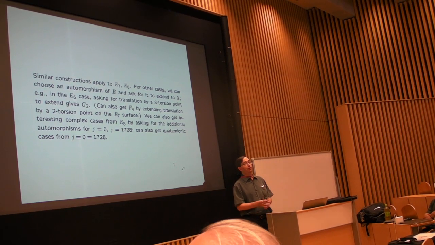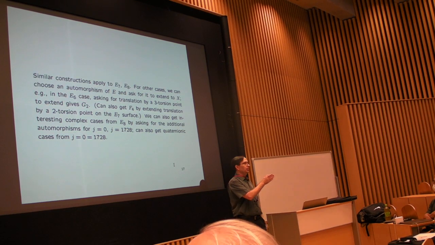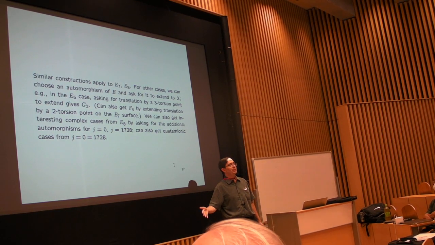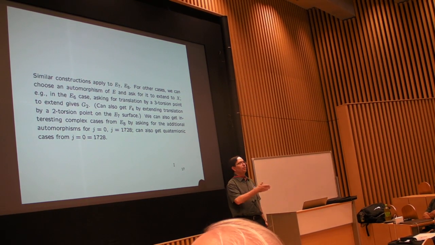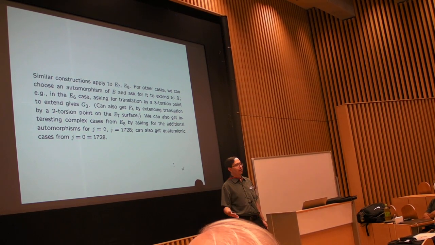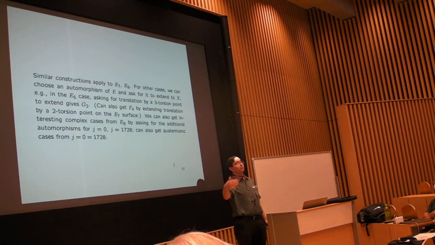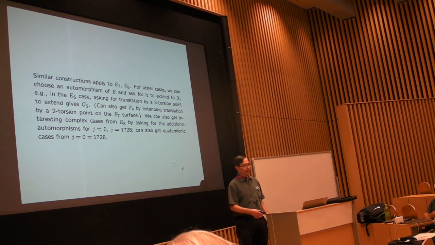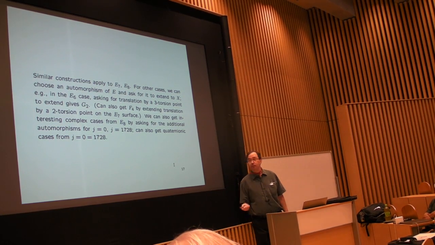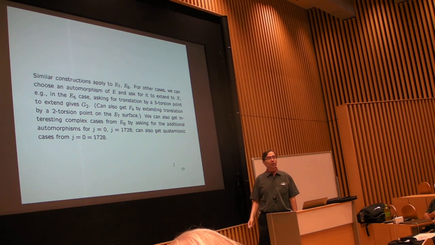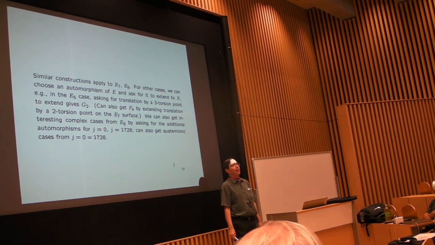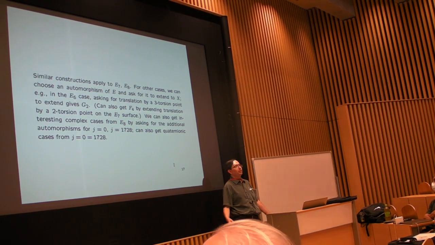And what that's going to give you, because you're basically asking for the square root of minus 3 to extend to your surface, is that it ends up extending the square root of minus 3 to your moduli space. And so now you get a quotient of E to the 4 by a complex reflection group. And then if you're really masochistic like me, you can look at the cases where j is both 0 and 1728, which of course means 2 or 3 is 0.